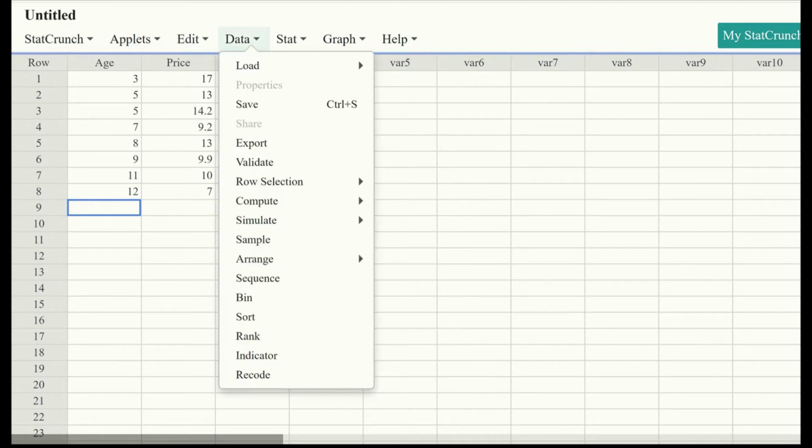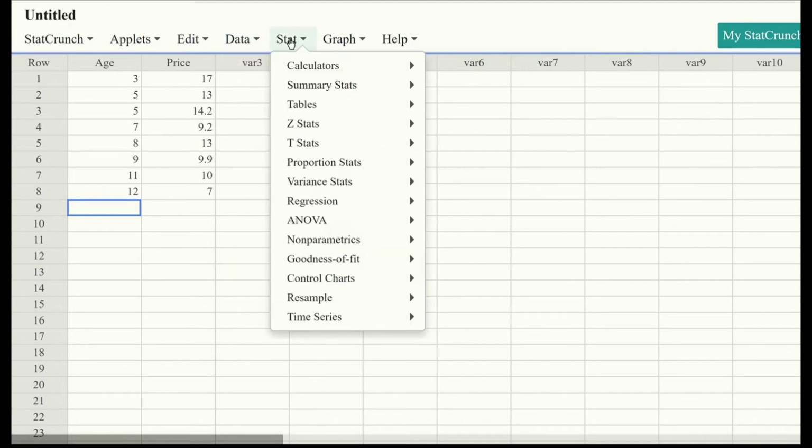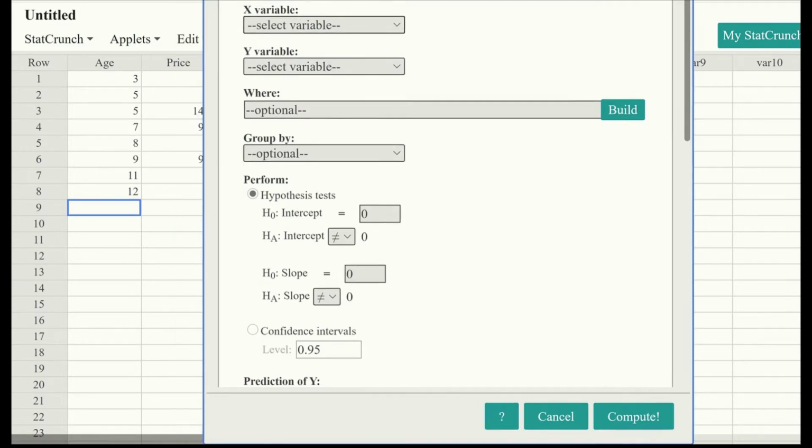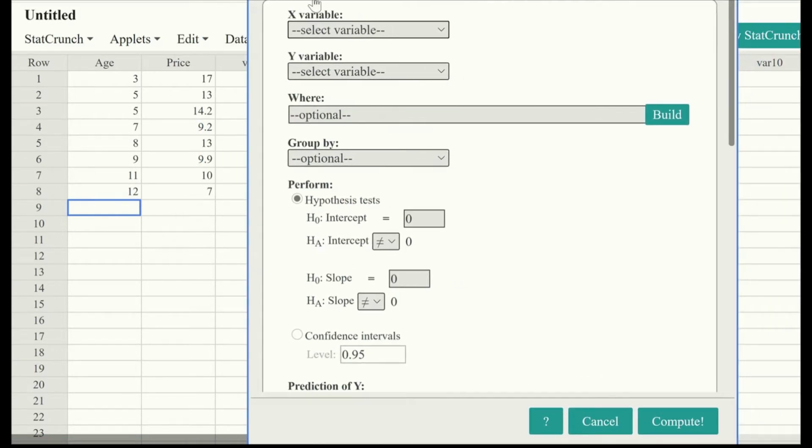So if you recall, if we want the linear regression line, what we do is we go to Stat, Regression, Simple Linear. Now here, we're going to go ahead and use the age variable for X and the price variable for the Y variable or the response variable.